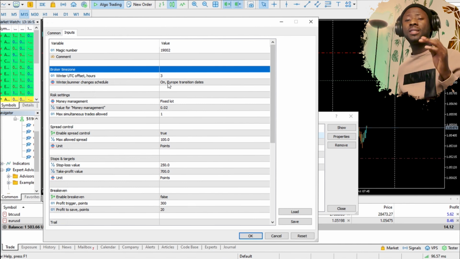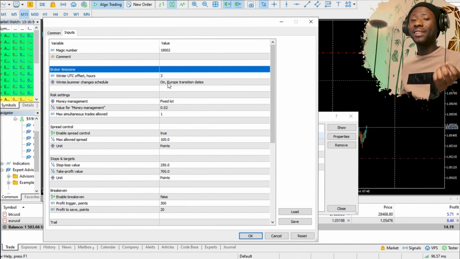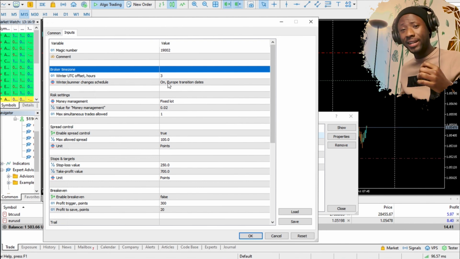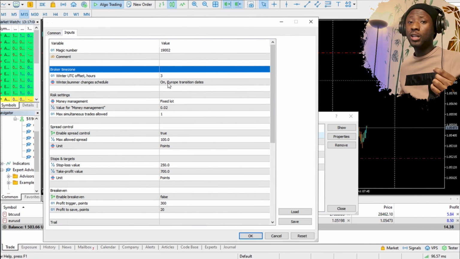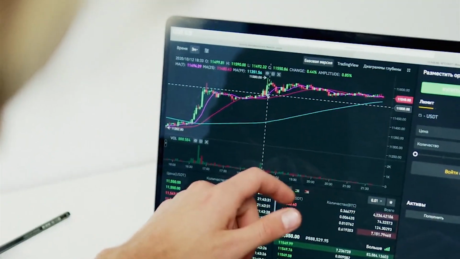Now, broker time zones, these two are important. If your robot's time is not synced with the broker's time, it will not be taking trades at the appropriate time. That could be a detriment to your account, you see? And you don't want to put your account in a place where it is forced to take a trade when it cannot, all right?